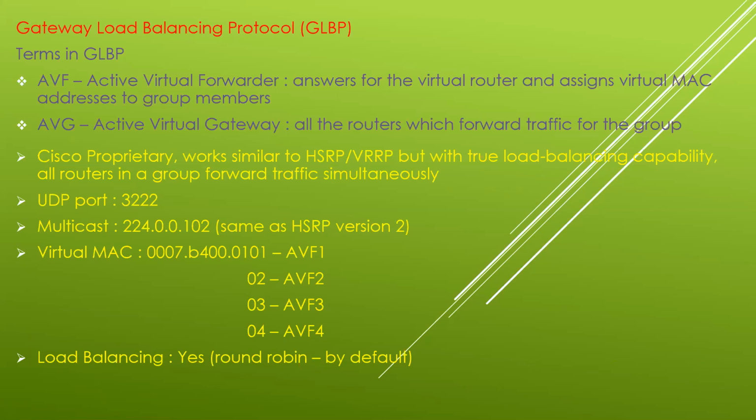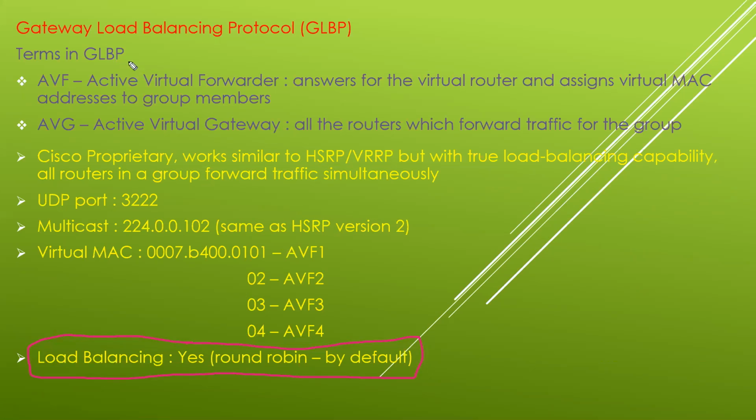The beauty of this protocol is we can do the load balancing here. When you do the practical, you will know why the Gateway Load Balancing Protocol is different from HSRP or VRRP.